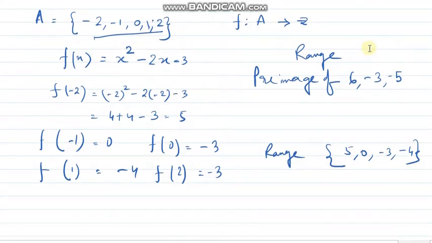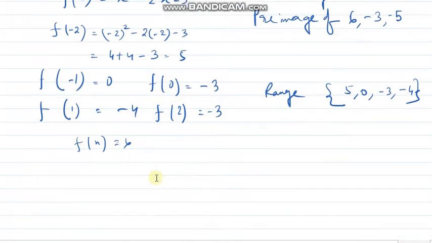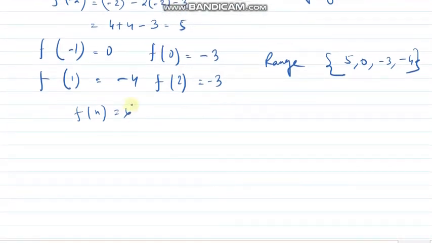Suppose f(x) equals 6. What is going to happen? From there we can write x² - 2x - 3 = 6, so x² - 2x - 9 = 0.